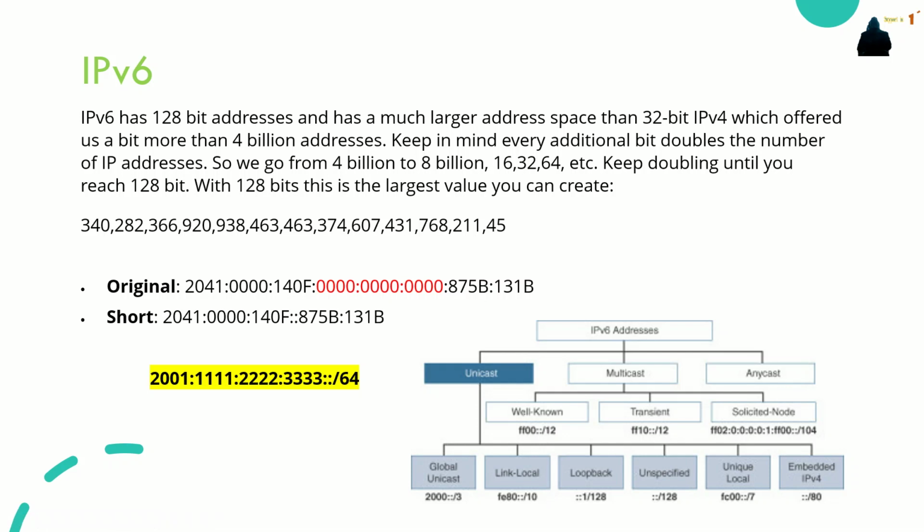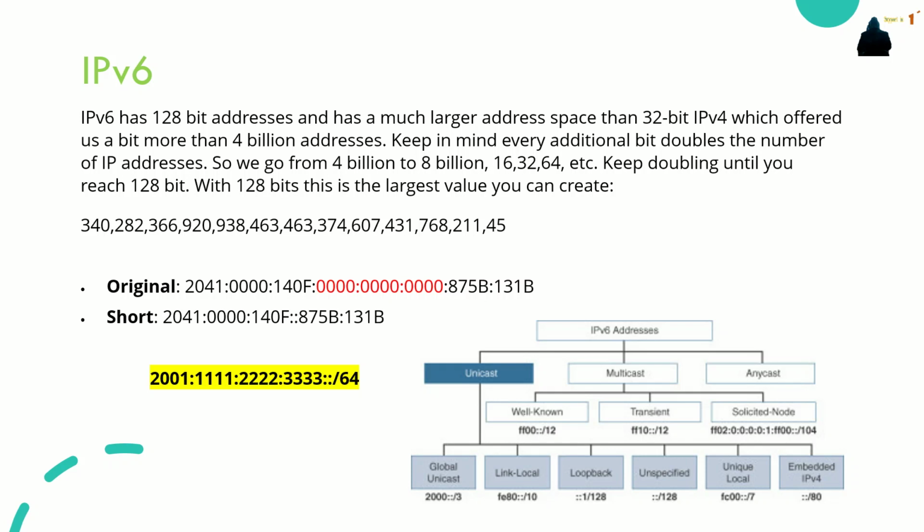But there are so many things about IPv6. For example, a global unicast address is similar to a public IP address in version 4. These are globally unique, internet routable addresses, and they can be configured statically or assigned dynamically.